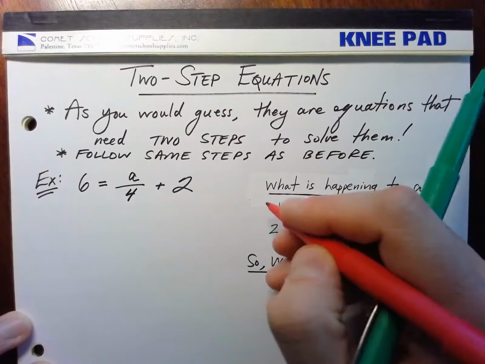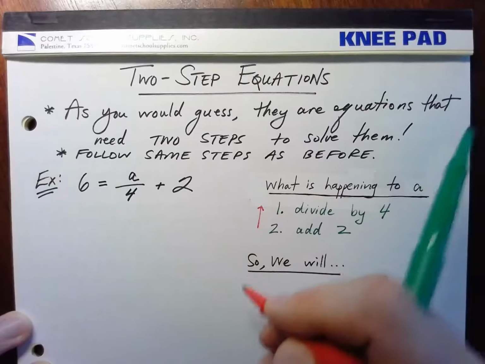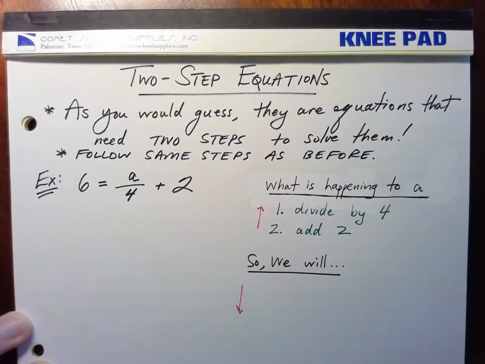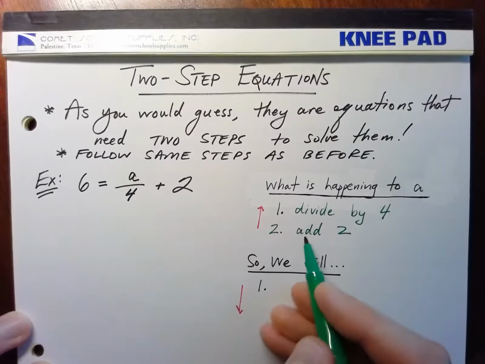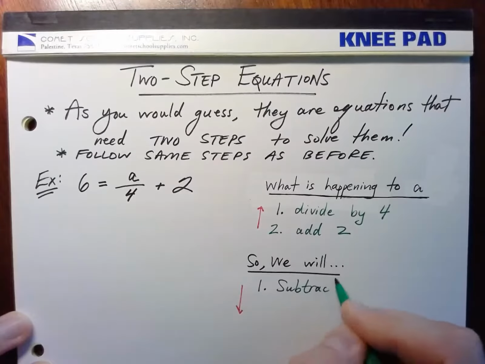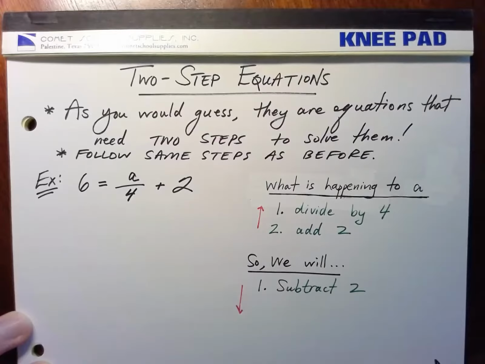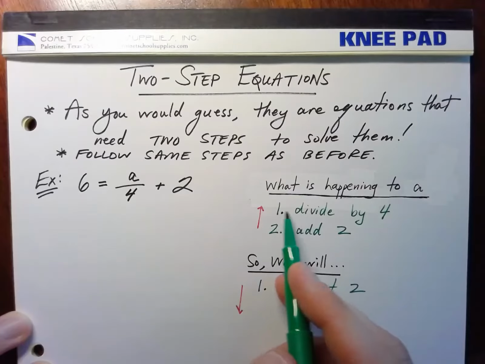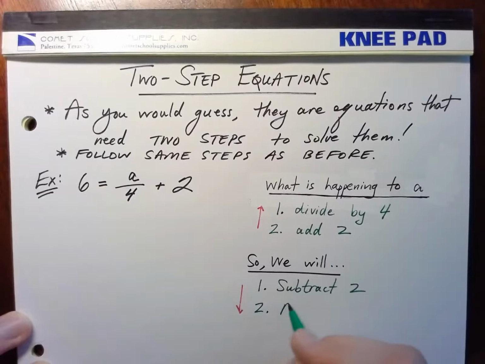And so if I'm reversing the order as I'm going down here, and then I'm flipping the inverse operations, so instead of adding, I'm going to subtract the same amount, 2. And then instead of dividing by 4, I'm going to multiply by 4.